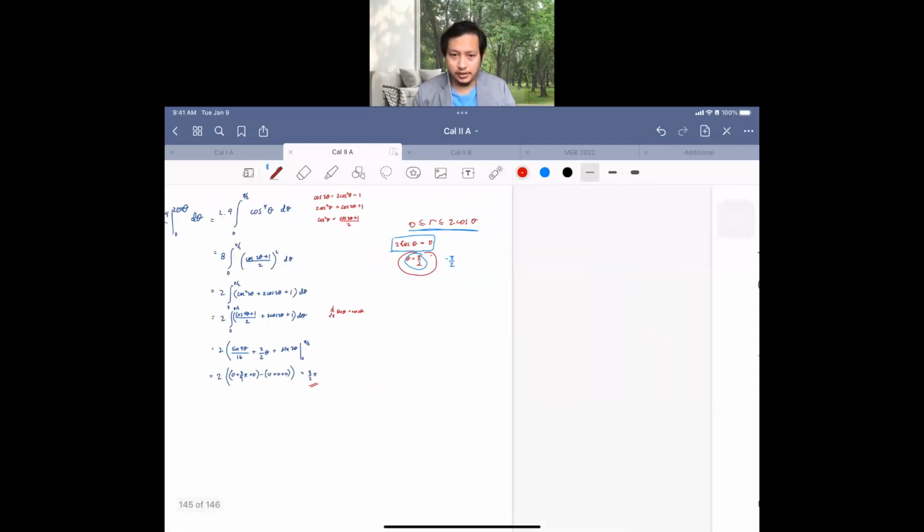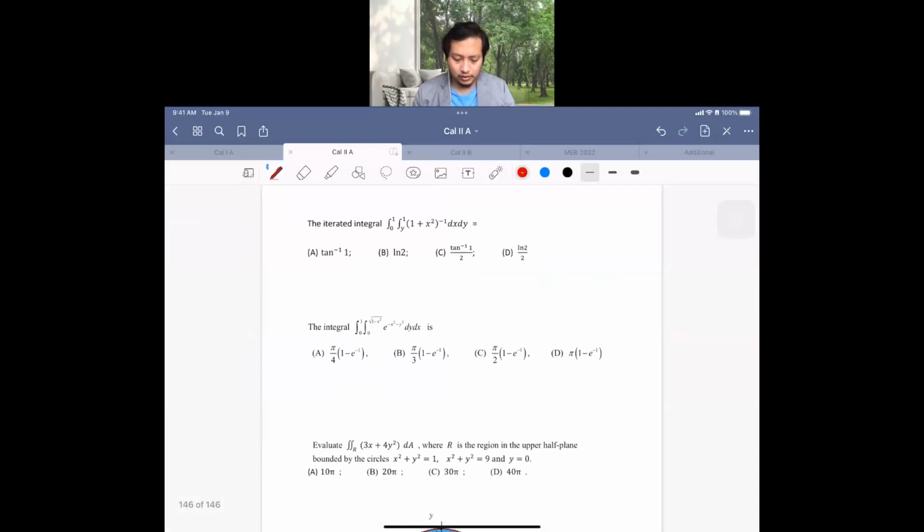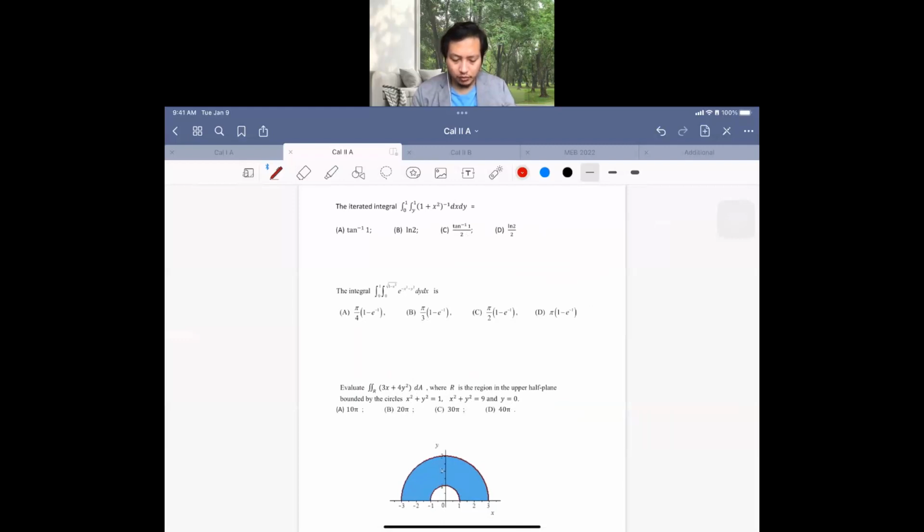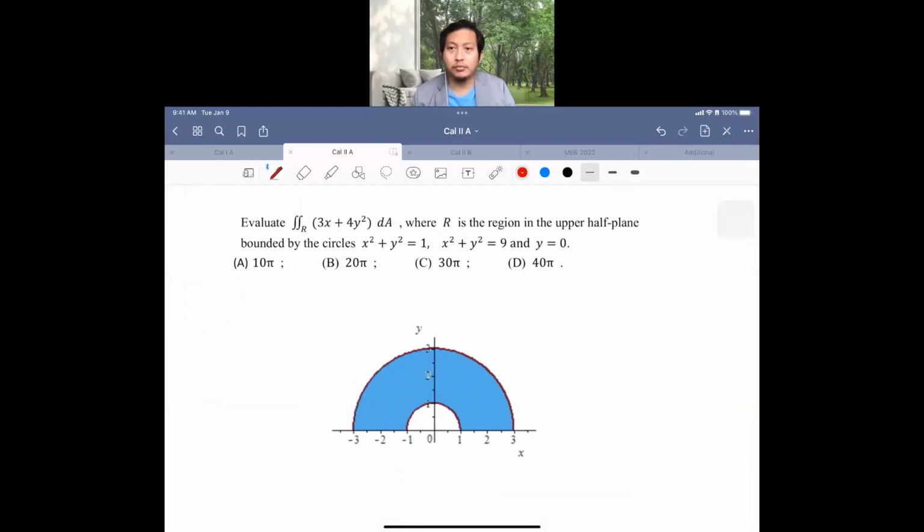Now let's go to our questions. For the whole questions, numbers 1, 2, 3, you can also check the Moodle, where I attached a PDF. I think we can start to solve this. Does anyone have the answer? Which one, A, B, C, or D? You can write in the chat box.